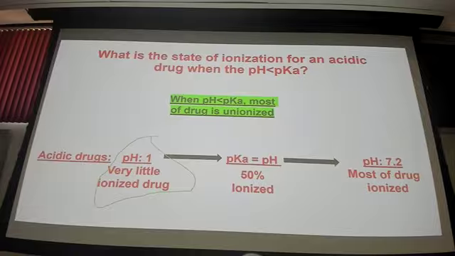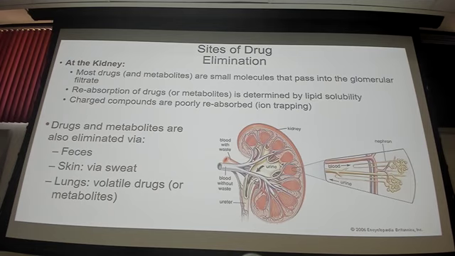All right, so now we're going to start talking about the last component of pharmacokinetics, which is elimination. The kidneys are the primary site of elimination where drugs are excreted in the urine, but also drugs can be excreted through sweat and skin, the lungs, and the feces as well.